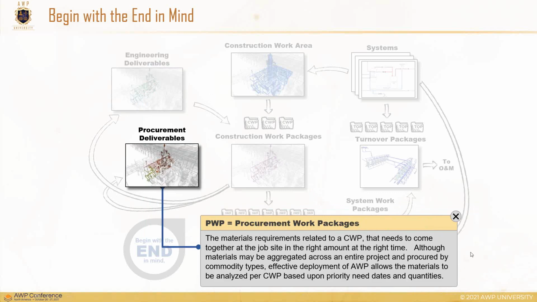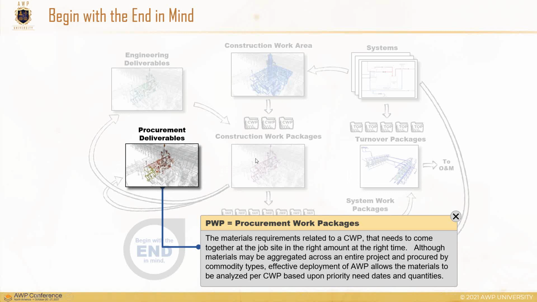Now, of course, we're still not going to an IWP yet, because we're still considering our constraints against those work packages. One of those ways is procurement deliverables, our materials. The PWP, that basis of the deliverables for procurement and all of the materials that are required to facilitate that construction work package or a portion of it, is tied, again not as close to a one-to-one, but typically tied to the EWP on a one-to-one, not necessarily the construction work package.